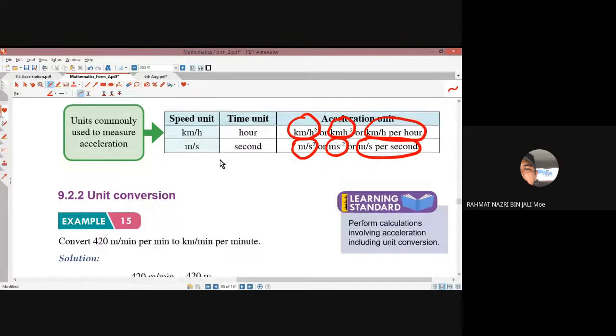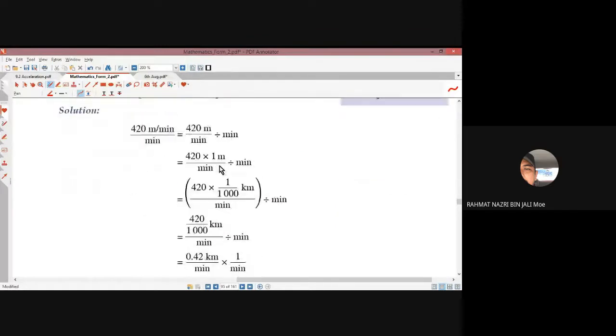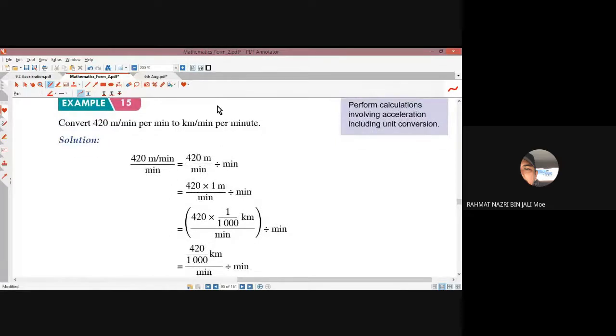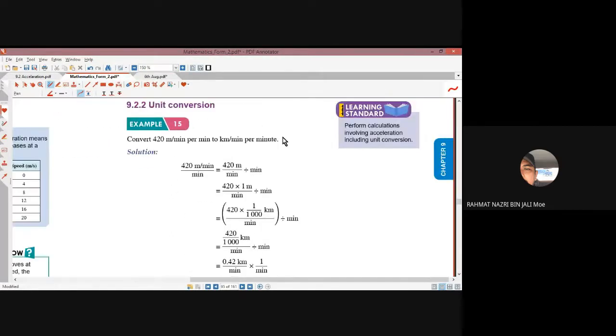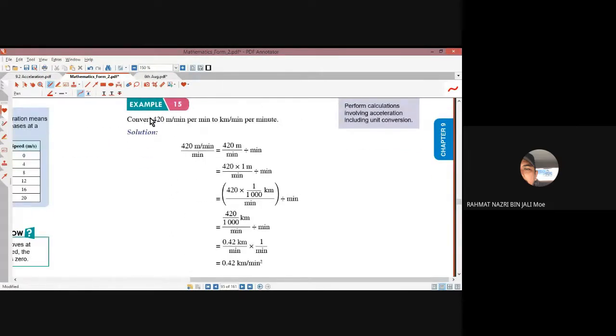Okay, next one. Unit conversion. Ini panjang ni. Zoom out sikit. Convert 420 meter per minute. This is the acceleration.